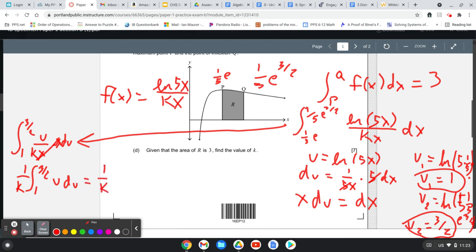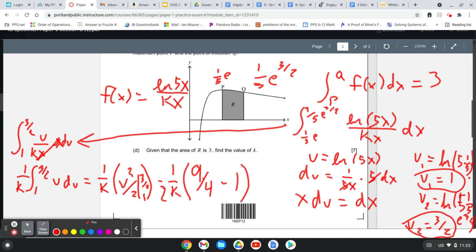That is u squared over 2, evaluated from 1 to 3 halves, so 1 over 2k, and then we have 3 halves squared, so 9/4, minus 1 squared, which is 1. 9/4 minus 1 is 5/4. So we have 5 over 8k.